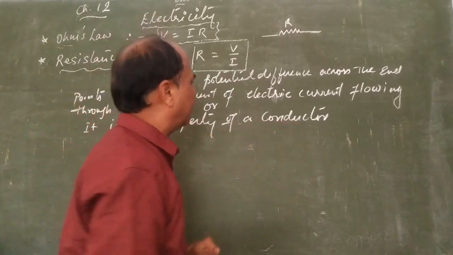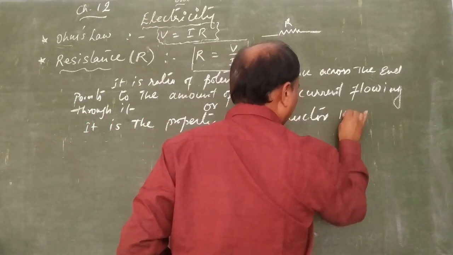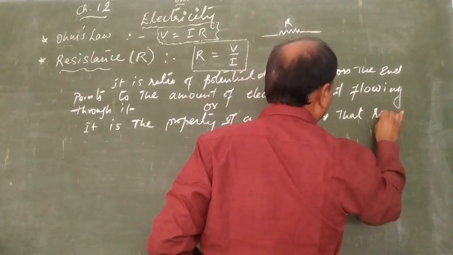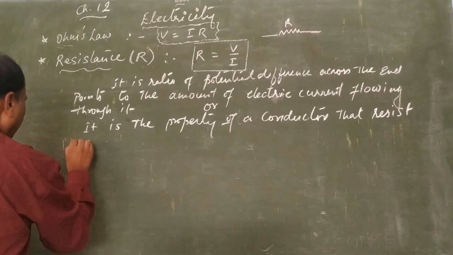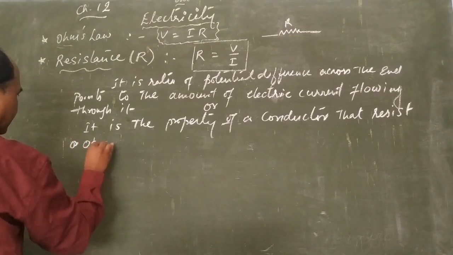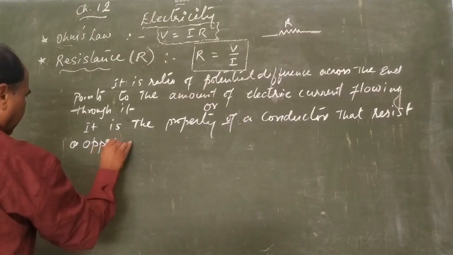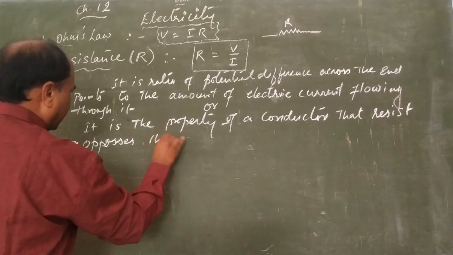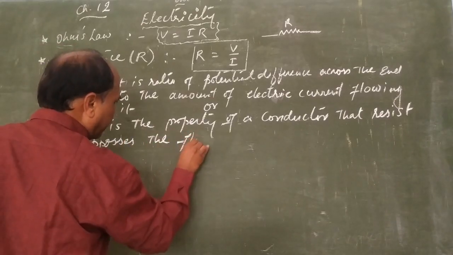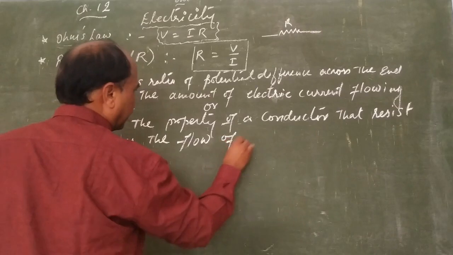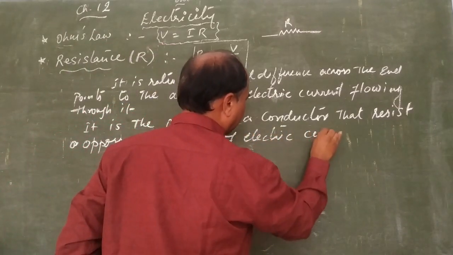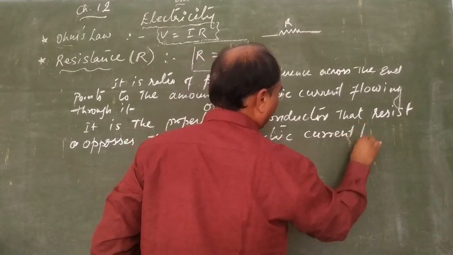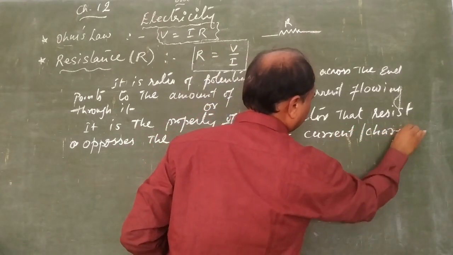It is the property of the conductor that resists, or opposes, the frequent flow of electric current, or the charges.